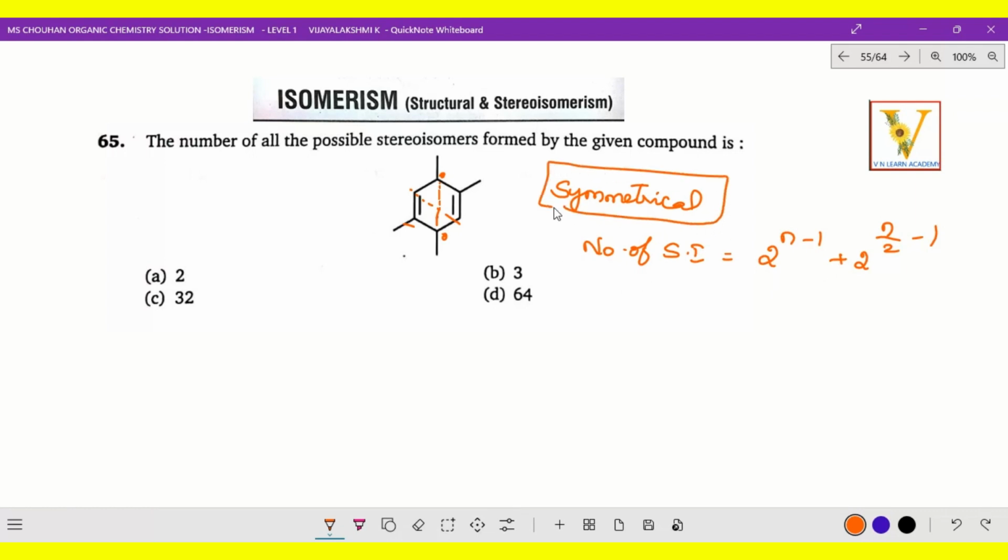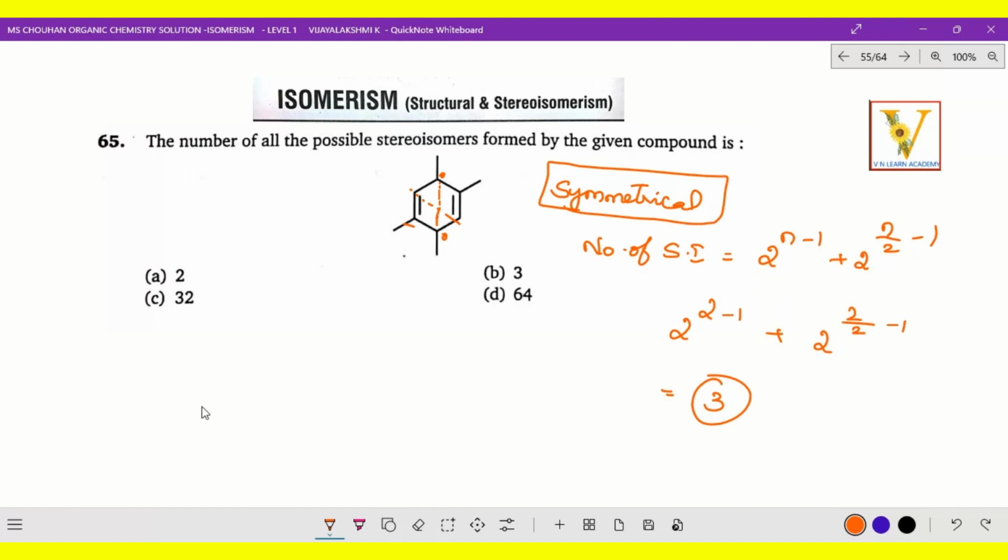Even number means we use 2 to the power of n minus 1 plus 2 to the power of n by 2 minus 1. Now here 2 to the power of 2 minus 1 plus 2 to the power of 2 by 2 minus 1. So you will get the answer 3. So 3 isomers are possible.